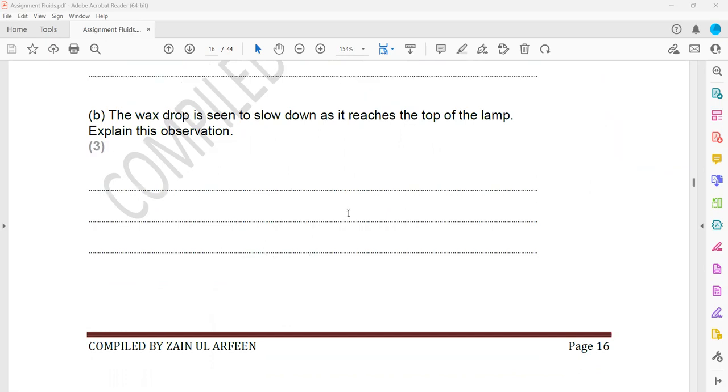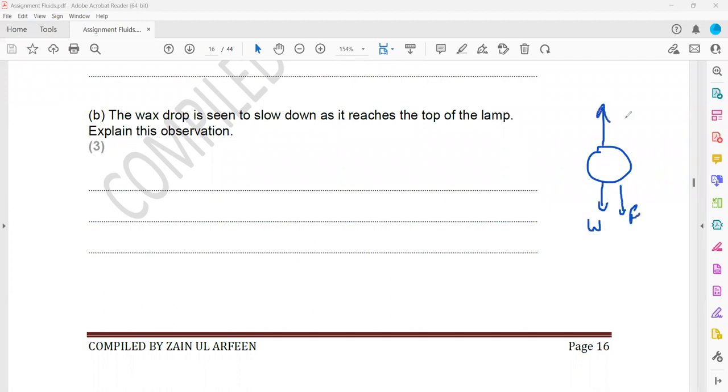The wax drop is seen to slow down as it reaches the top of the lamp. Explain this observation. So what might be the reason for that? You can write this answer in two ways, explaining why its acceleration is decreasing.